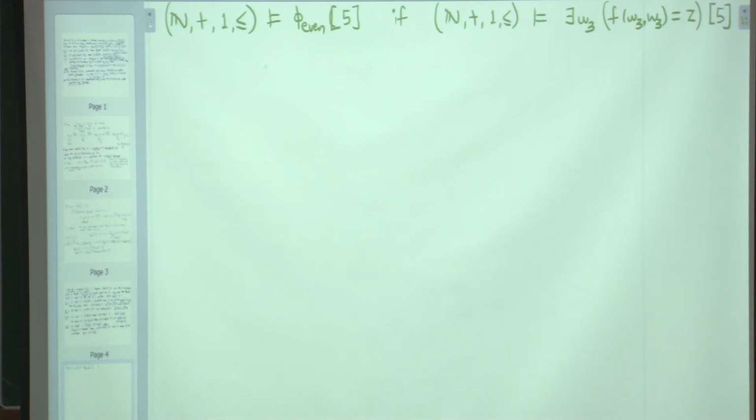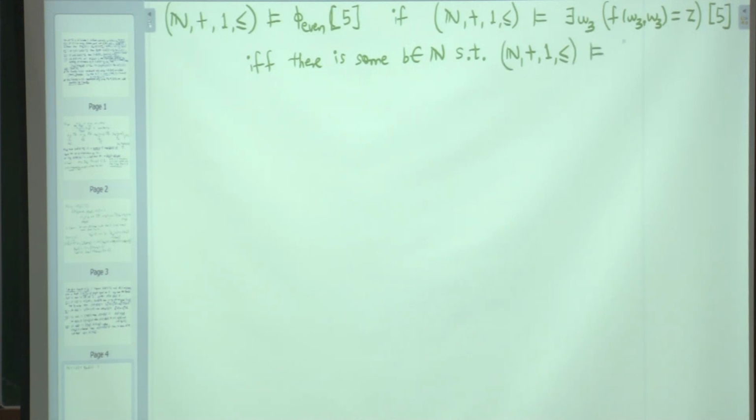So when will this happen? If and only if there is some b, let us use the letter b, in natural numbers such that the remaining thing is true.